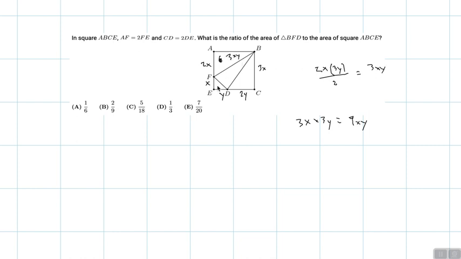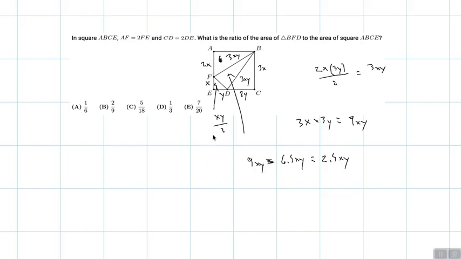This right here is xy over 2. And this will also be 3xy. Okay, so the area of triangle BFD is going to be 9xy minus these, which sum together to 6.5xy, and so that is 2.5xy.